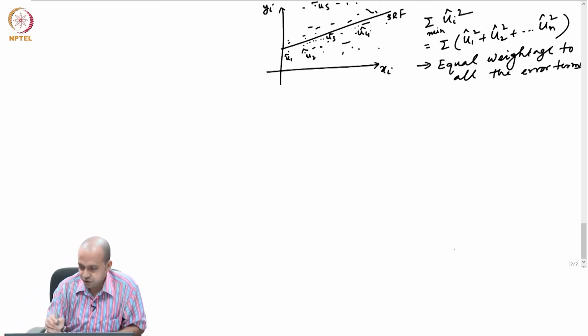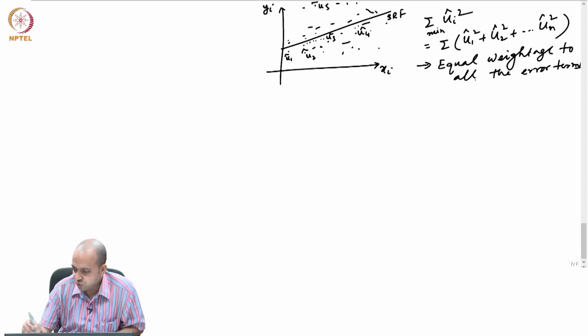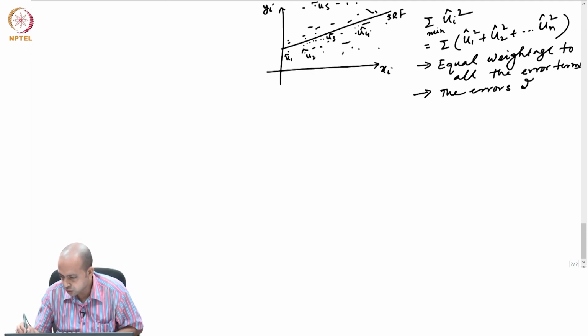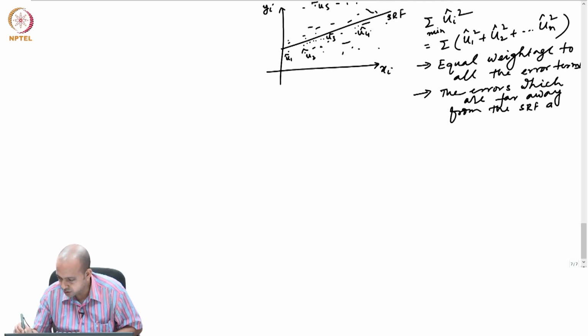Anyway, this equal weightage implies that the errors which are far away from the line, from the SRF, get more importance.